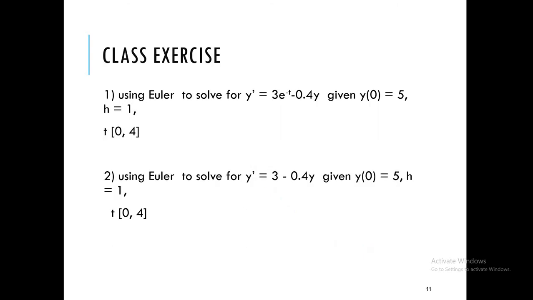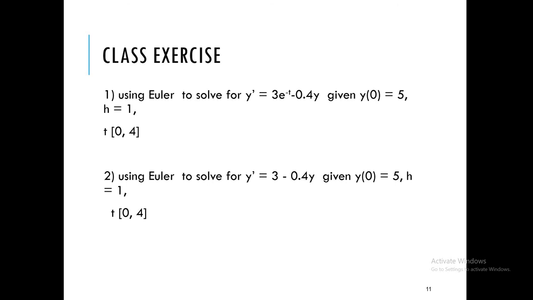Now, as your exercise, you want to try solving these two questions for me. Use Euler's method to solve y prime equals 3e raised to the power negative t minus 0.4y, given the initial condition y at 0 equals 5, step size equal to 1, and t defined over the interval 0 to 4.